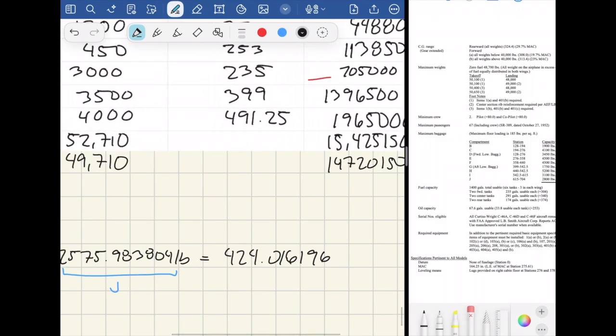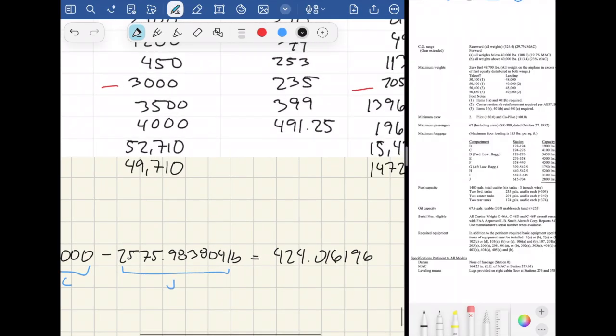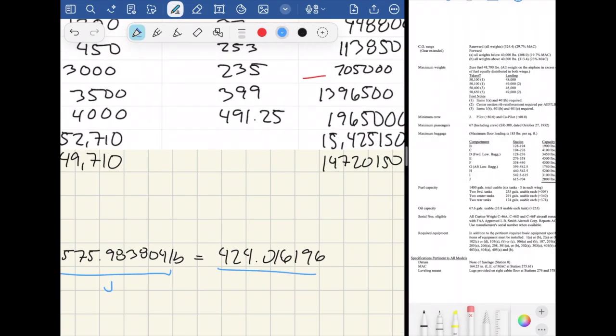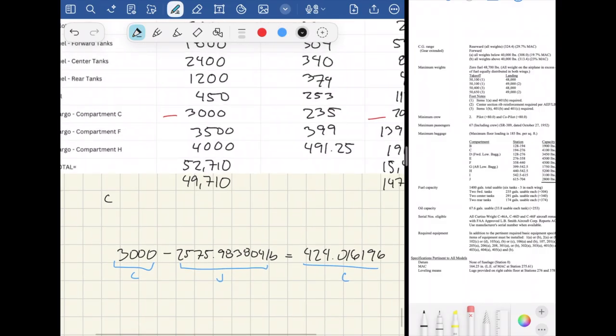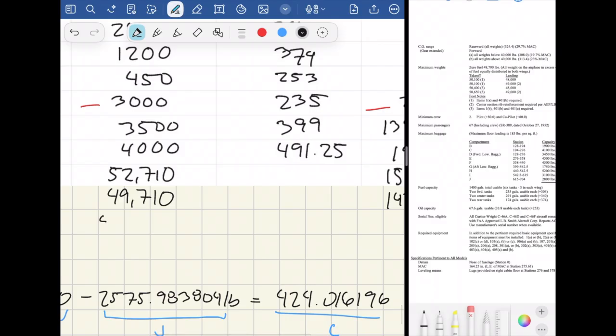Alright, so we will now add this to our table. So, si compartment C, ito na yung value ni C ngayon. So, si compartment C, that will be 424.016196.